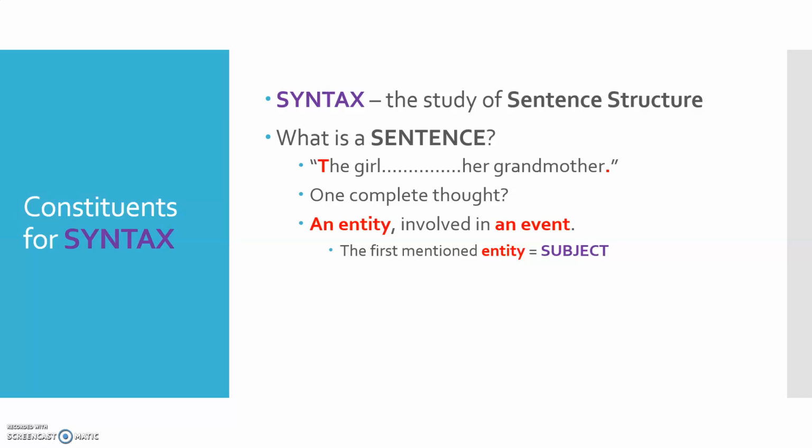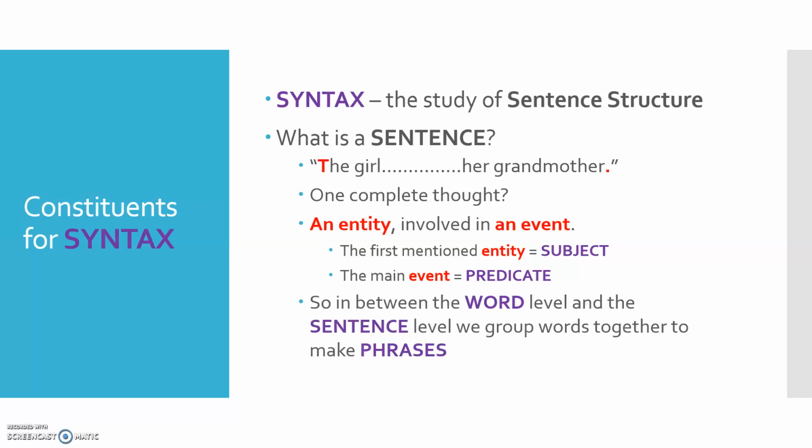The subject is the who or what the sentence is all about, and we'll talk a lot more about subjects later on. And then the event, the main event that the entity is involved with, is something we call the predicate.